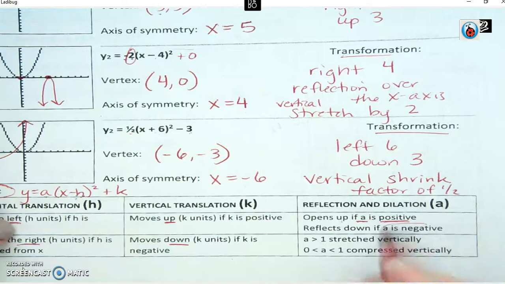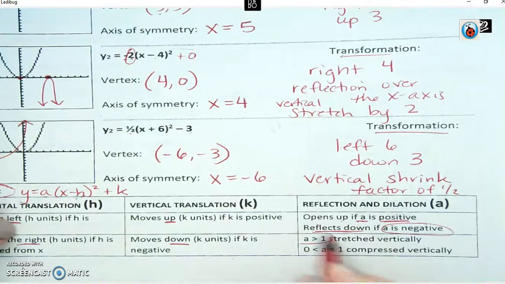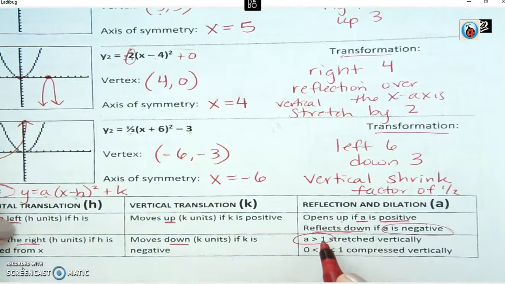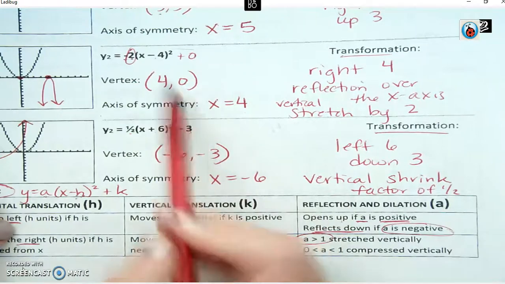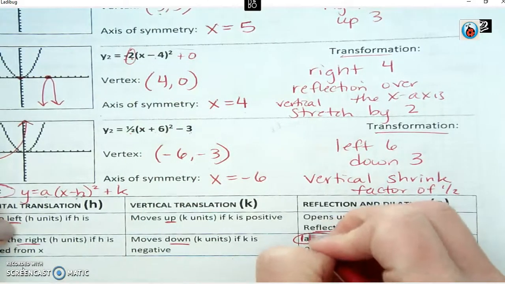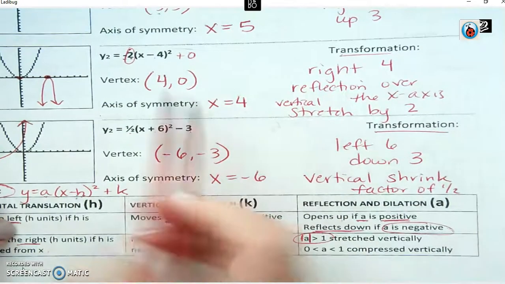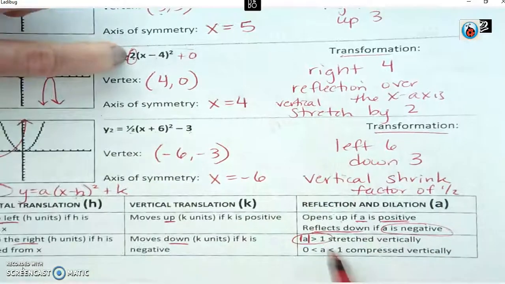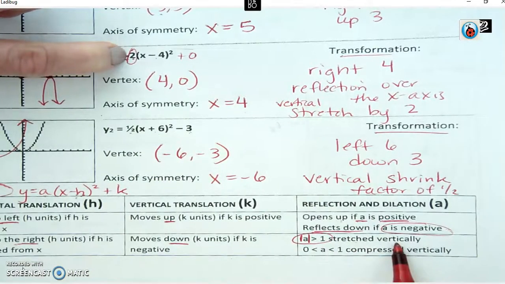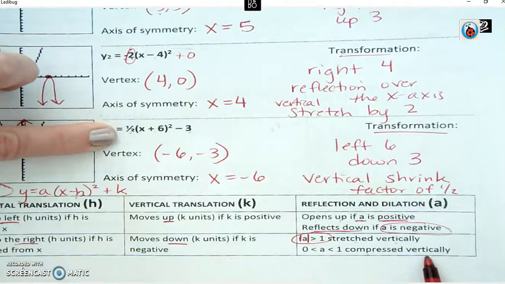If a is negative, it reflects over the x-axis. All right. If the absolute value of a is greater than 1, so up here, 2, ignore the negative, just concentrate on the 2, it stretched it vertically. If it's less than 1, it compresses it vertically. Okay.